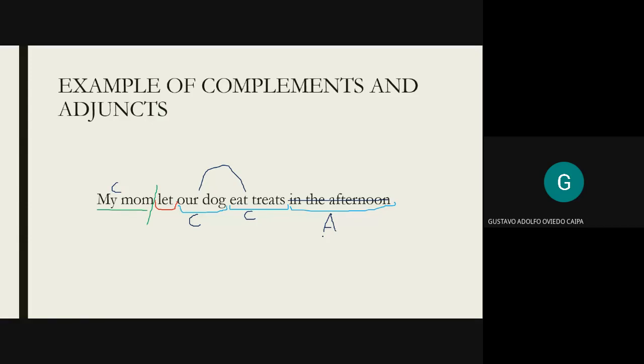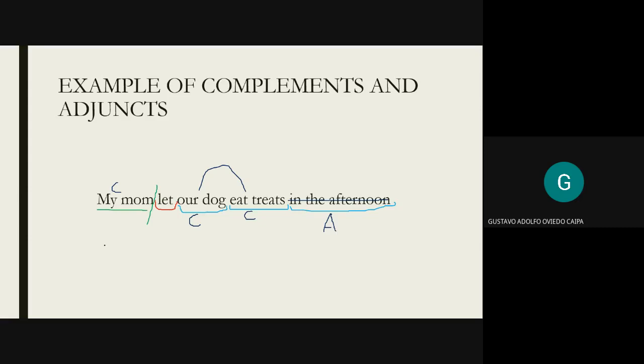If you see a verb that implies movement, moving from one side to another, or moving an object from one side to another, in those cases the description of the place is going to be obligatory. But in verbs like this, "let our dog eat treats in the afternoon," the description of the time and sometimes the place is not necessary. In most cases, the description of time is not going to be a complement.